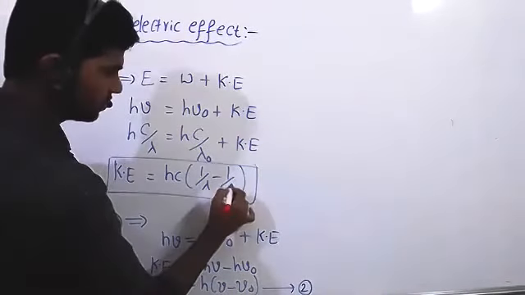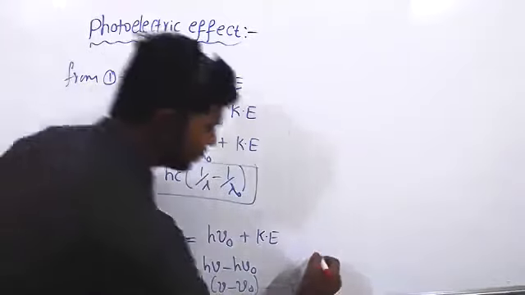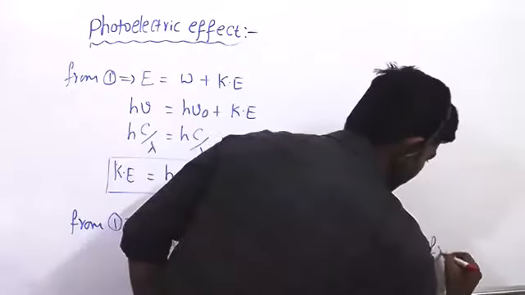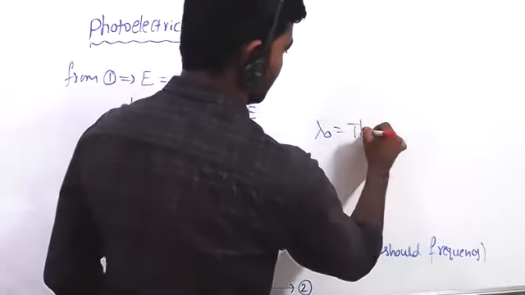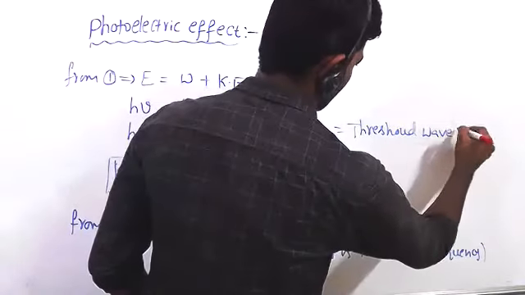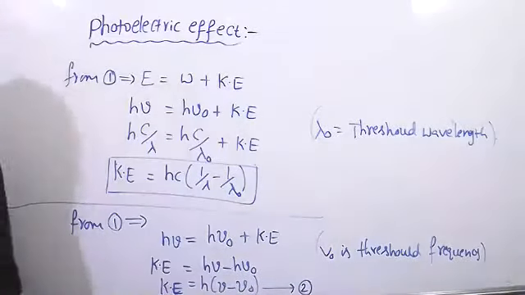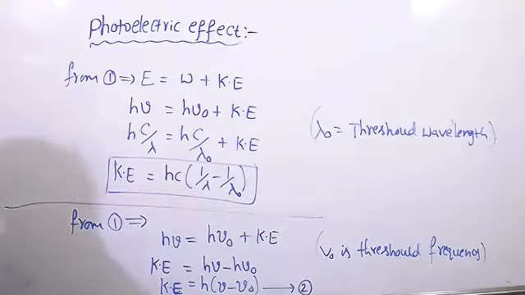Here nu 0 is the threshold frequency and lambda 0 is the threshold wavelength. These are the formulas belonging to the photoelectric effect, three formulas.